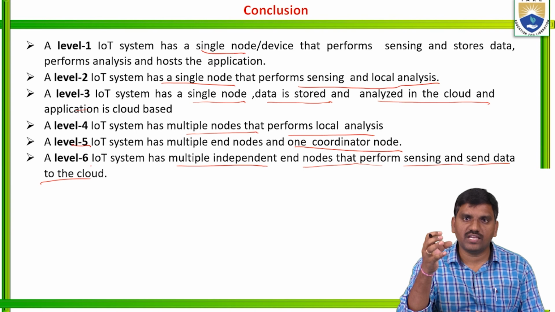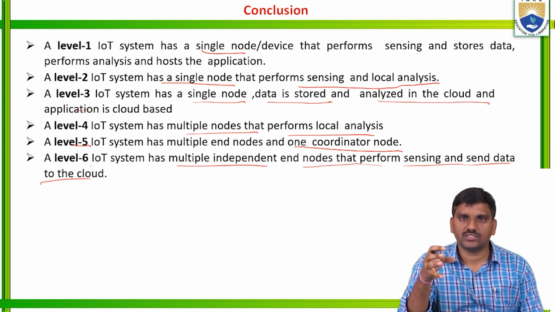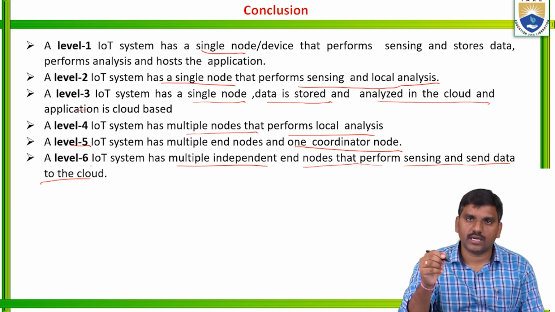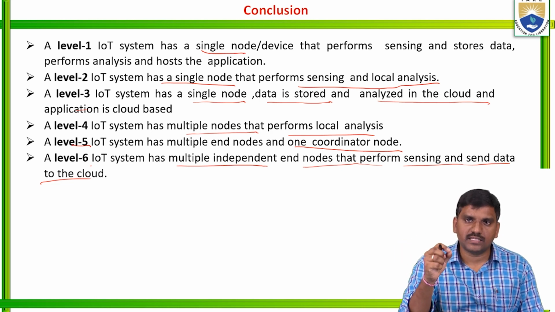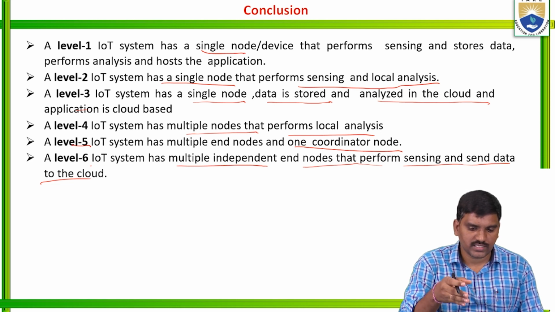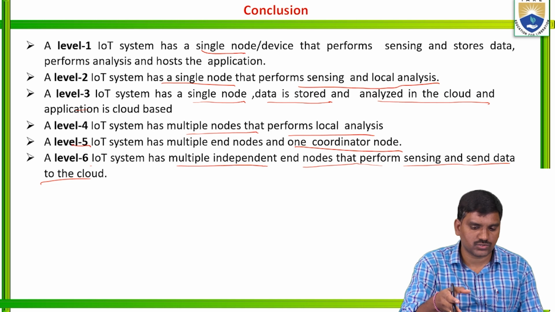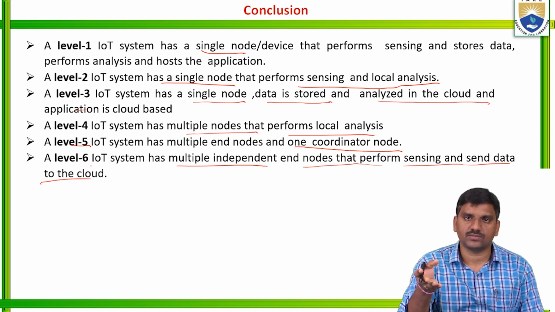Every level has different specifications and different functions also. In the conclusion, the main important function of each level: for example, level 1 has a single node to perform sensing, store data, perform analysis and host the application, irrespective of the cloud, without involvement of the cloud.